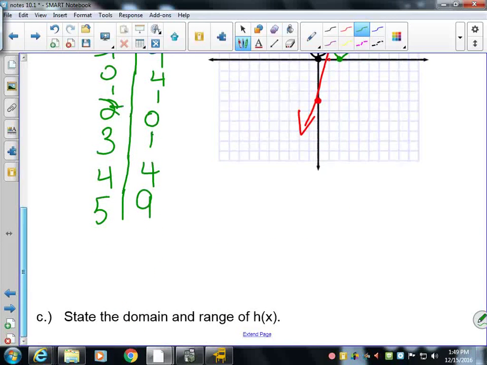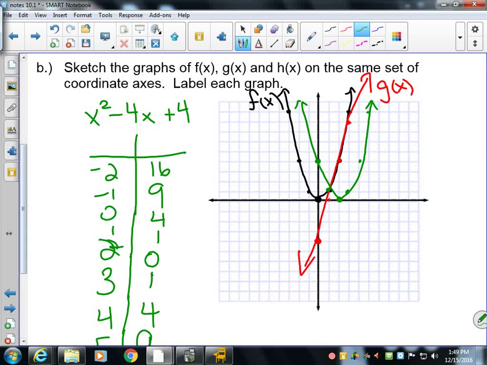Okay, so what's the domain and range then of the new graph? X such that X is an element of the reals. What's your range?